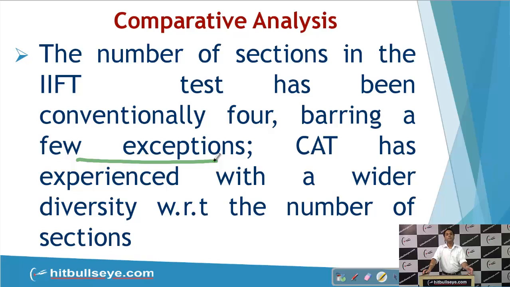If I look at CAT 1995, 1996, 97, 98, where we had 185 questions, these were mainly 4 section tests, whereas CAT 2014, last year, was a 2-section test. CAT 2015 is proposed to be a 3-section test. CAT 2004, 5, 6 were all 3-section tests. So the number of sections here has been 2, 3 or 4, whereas IIFT conventionally has been 4 with one exception which I discussed.